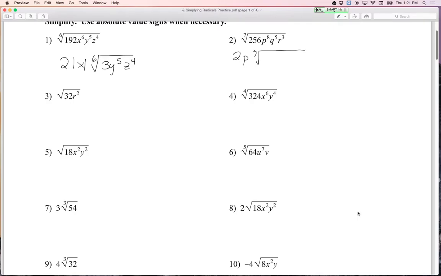What's left on the inside? 2p, q to the 5th, r to the 3rd. Do we need absolute values? No, because it's an odd root. You do not need absolute values anytime you do an odd root. Only when you do an even root and the result is odd on the outside. Even root, odd result on the outside.